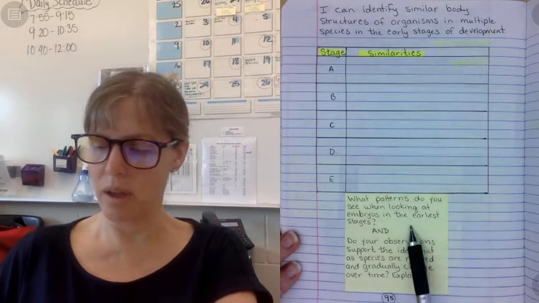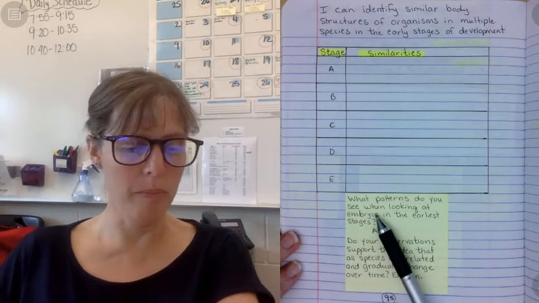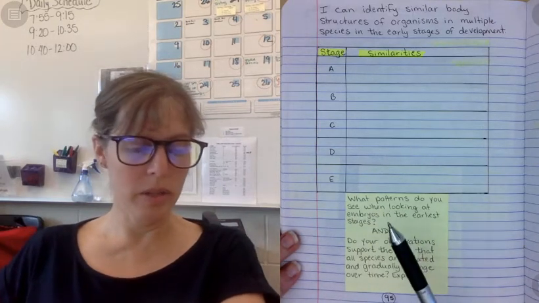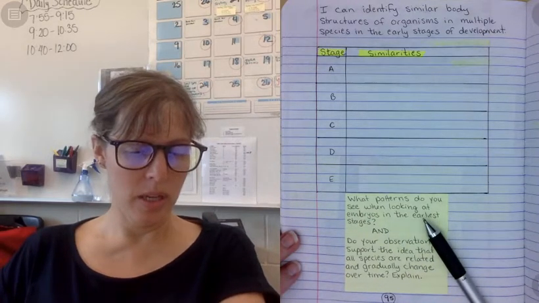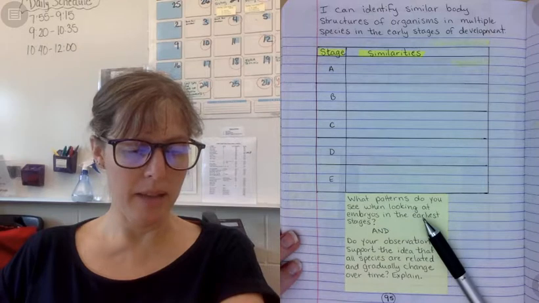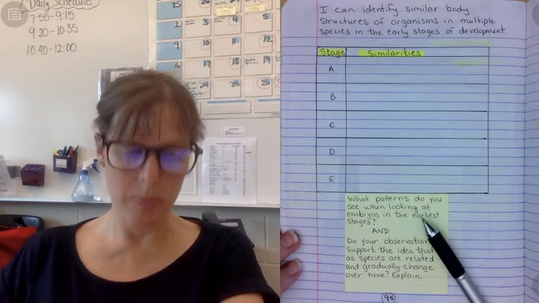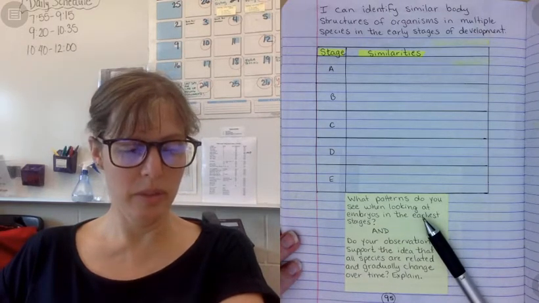And when you looked at them, I asked what patterns you saw, and hopefully you said something like this. When looking at the embryos in the earliest stages, we see that they all appear to be developing at a similar rate, are similar shapes, sizes, and have similar physical features. These are patterns.